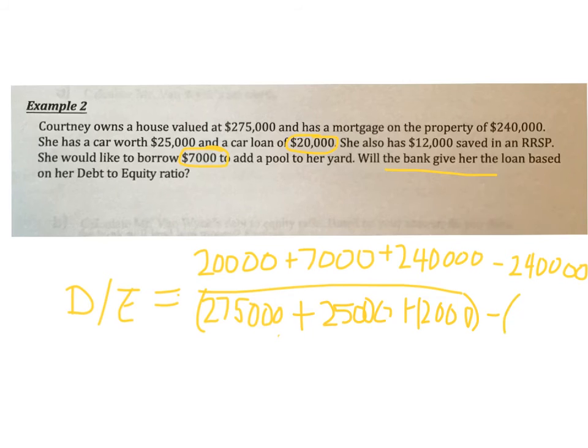So her liabilities are her mortgage, her car loan, and then this money for the pool.